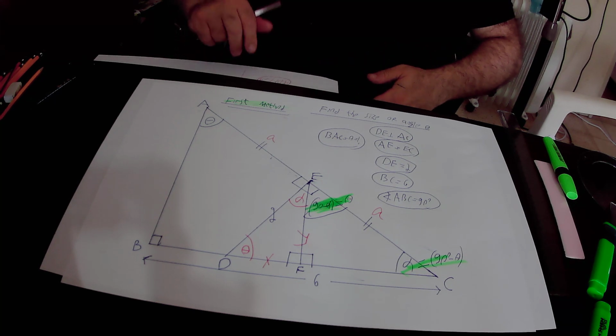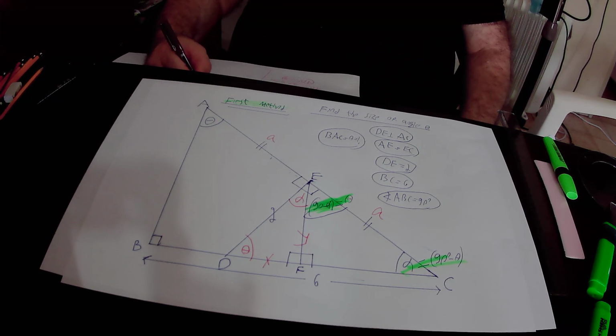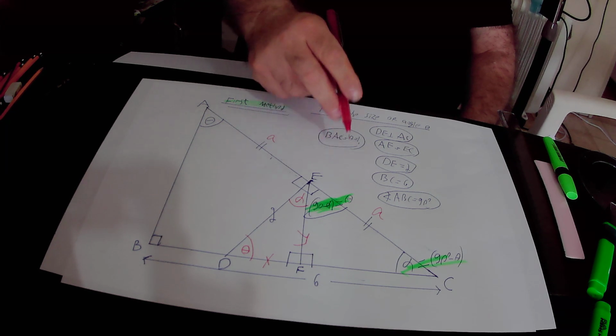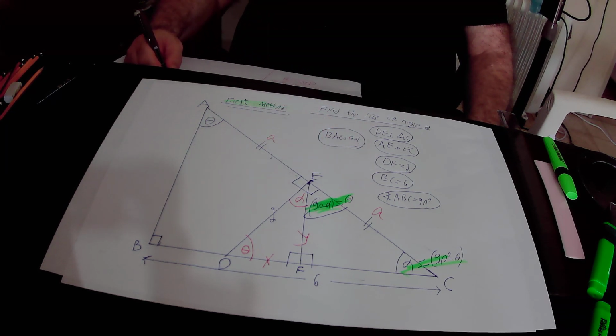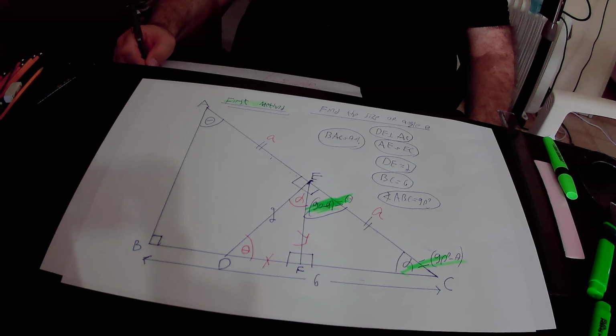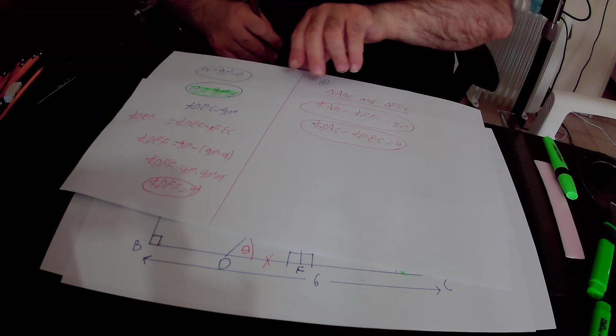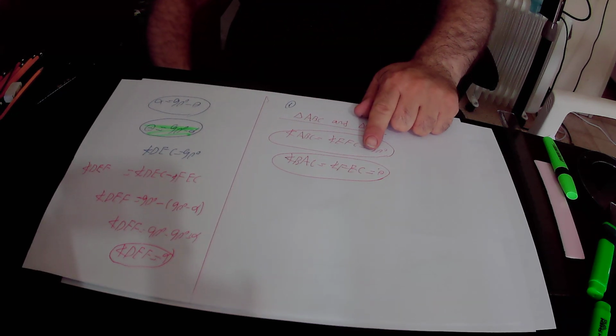So we can write down that angle BAC of triangle ABC is equal to angle FEC of triangle EFC, and both angles are equal to theta. Okay. Angle BAC equals angle FEC, and both those angles are equal to theta.